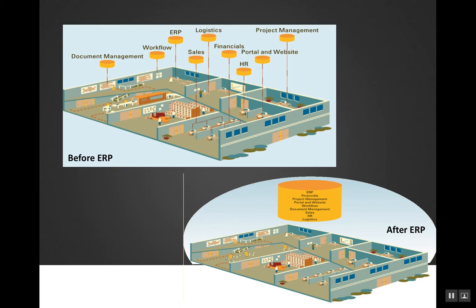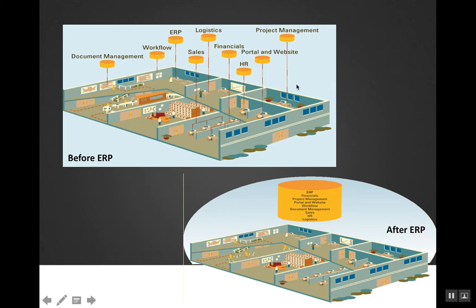So this is just a kind of a pictorial view of what the world looked like before ERP systems, and then what the post ERP implementation looks like. In our legacy world up here, we'll see things like individual point systems. All right, so sales, logistics, financial, human resources, project management.